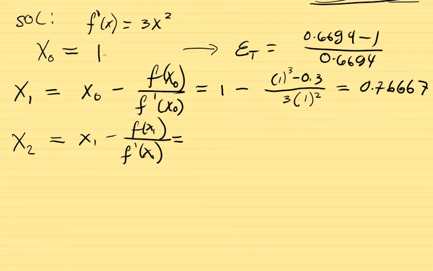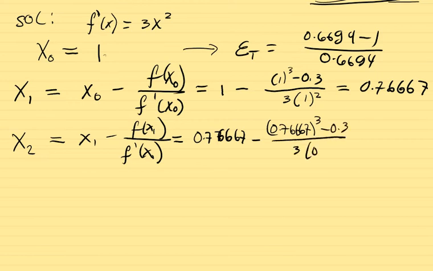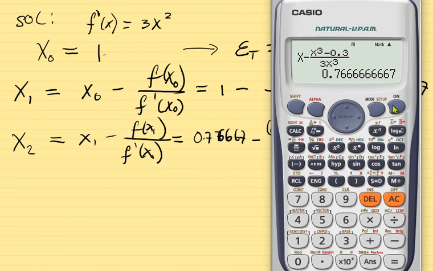Our x1 is here, 0.76667, minus 0.76667 cubed minus 0.3 all over 3 times 0.76667 squared. Then we go back to our calculator and solve that.